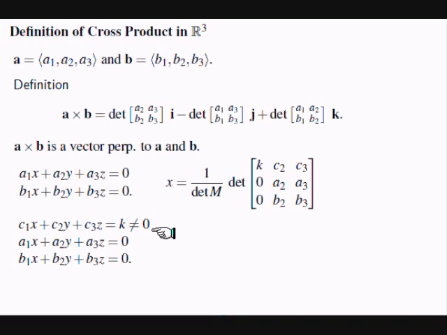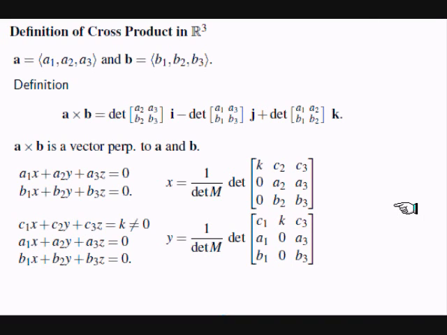Well, that's what Cramer's rule says. Let's apply this to the second component of the vector x, y, z. Then it says the following. Y has a similar shape: it has 1 over the determinant of M, the same as before, multiplied by this determinant where the middle column is replaced by k, 0, 0.